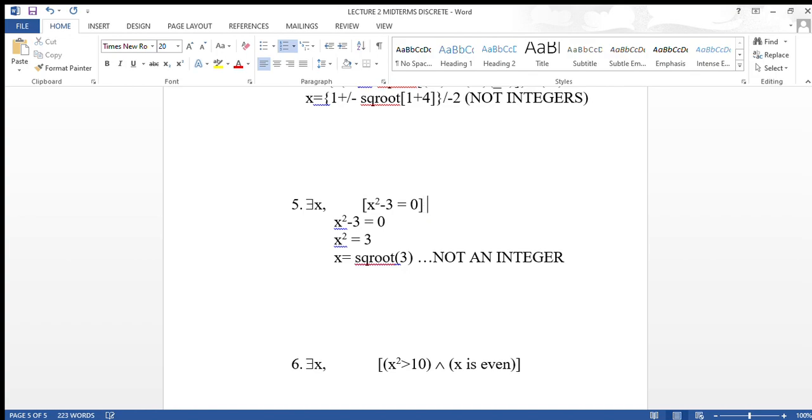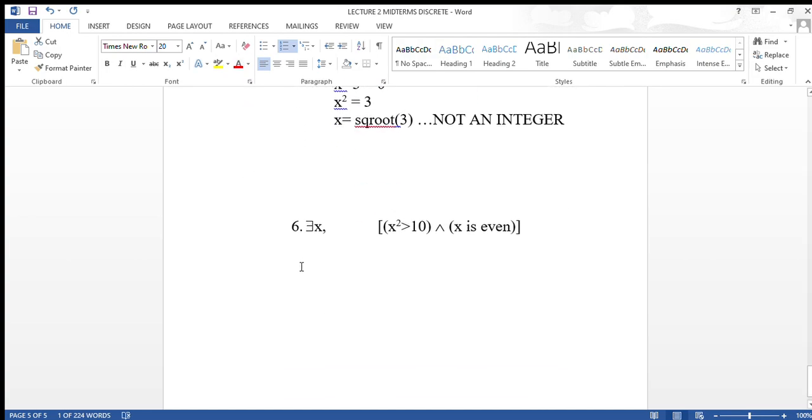Therefore, we cannot find any value of x that will satisfy x squared minus 3 is equal to 0, thus giving us the truth value of this proposition to be false. Okay, next.